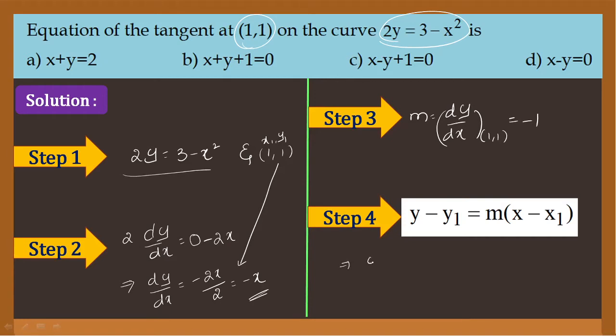This implies y minus y1, that is 1, is equal to m, that is minus 1, into x minus x1, that is 1. This implies y minus 1 is equal to minus x plus 1. That implies x plus y is equal to 2. Therefore, the answer is option A.